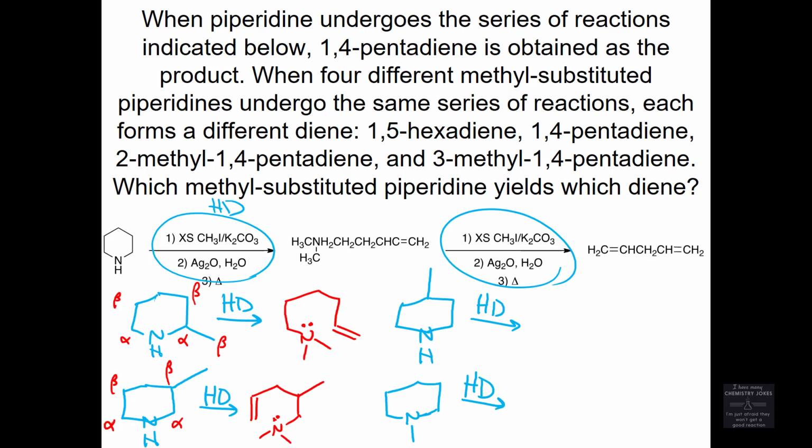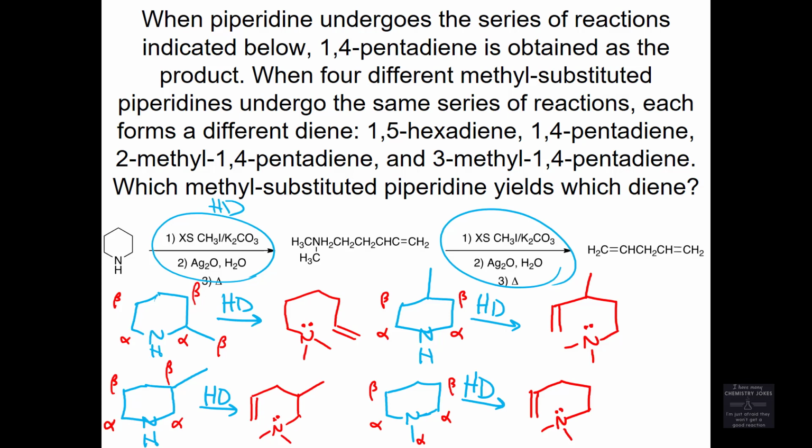In the top right, our alphas and betas are no different, so I'll bust the left, it doesn't matter. And in the bottom right, our betas are also no different, so I'll bust the left just because. Like that. So those are the products after one Hofmann degradation.